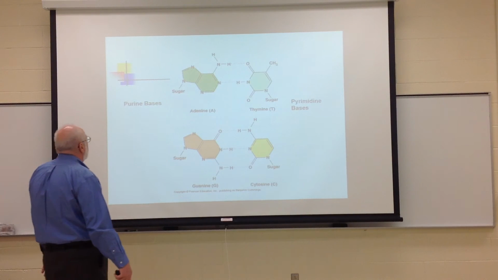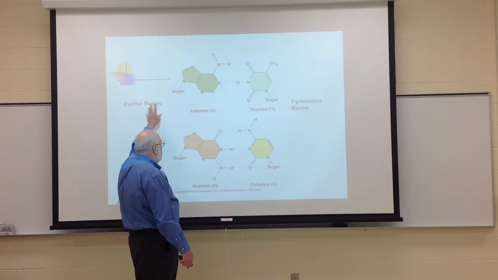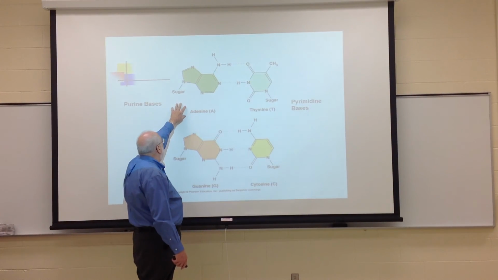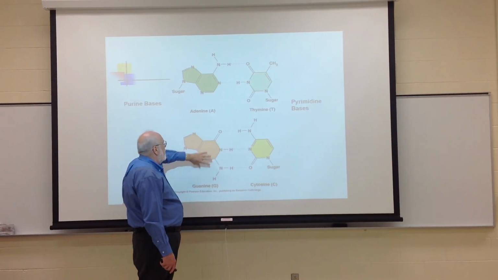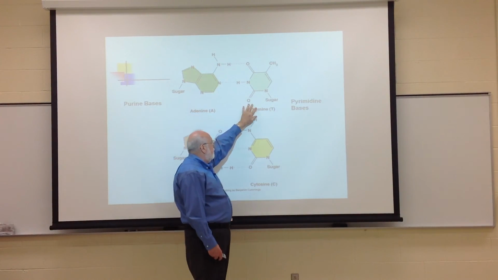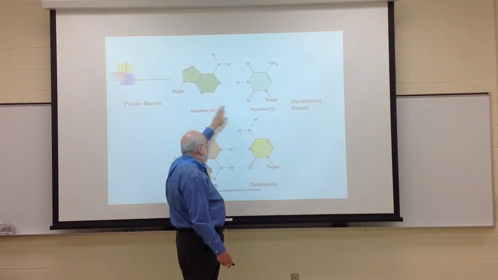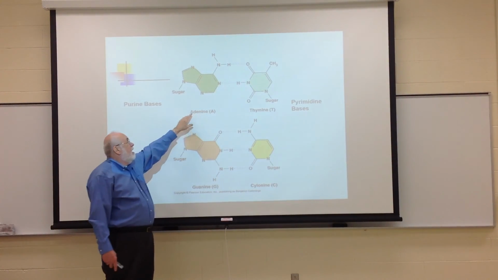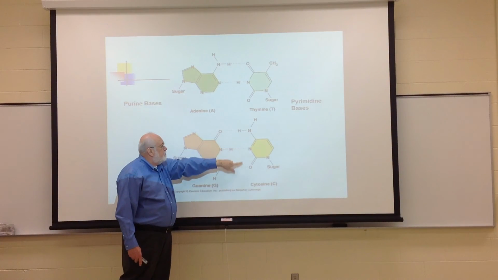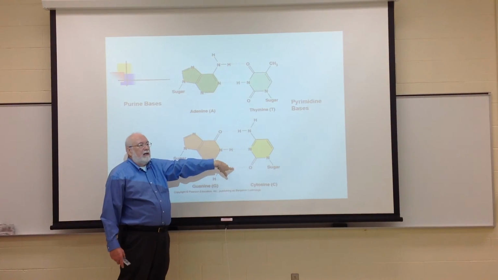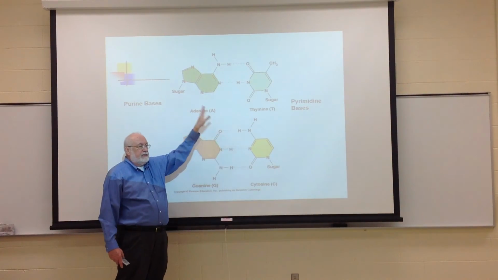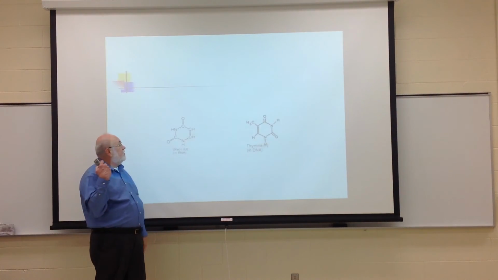All right, here are the bases. Now, there are purine and pyrimidine bases. Here are the purines. Adenine and guanine, I wouldn't worry about that for now. Thymine and cytosine, don't get in a heart failure over that. We're going to see that again. All right, the dots would represent hydrogen bonds between them, and they pair in a certain manner.